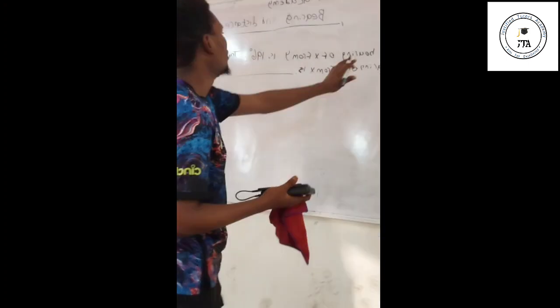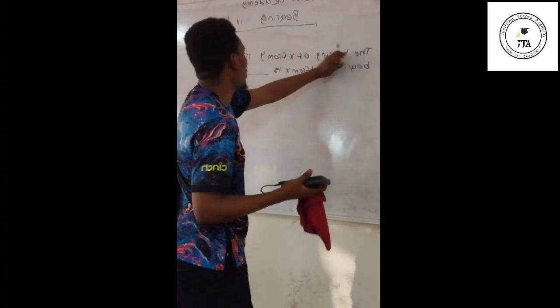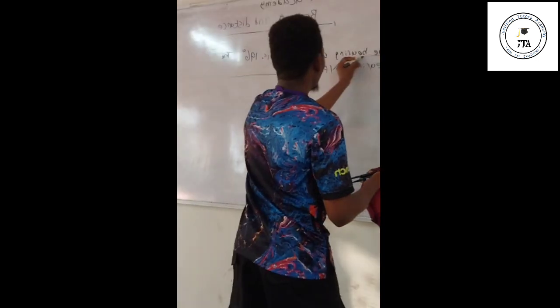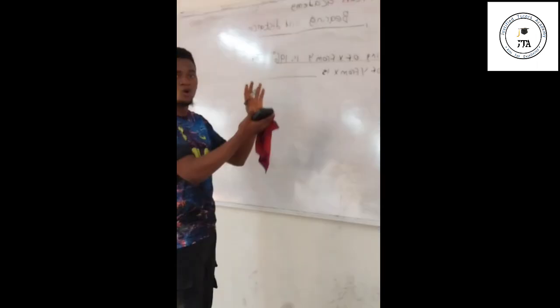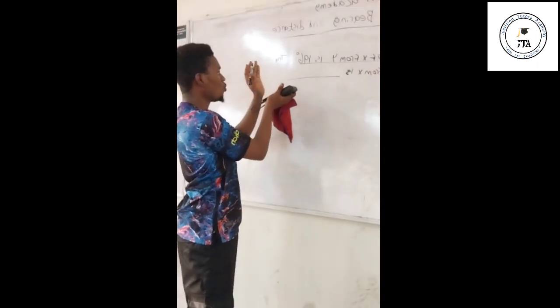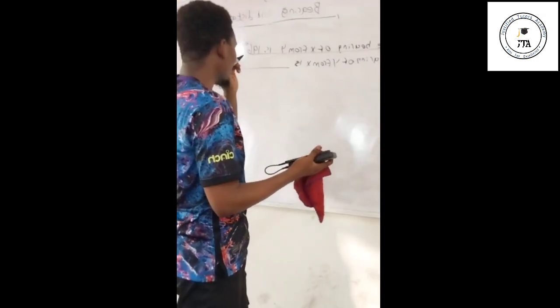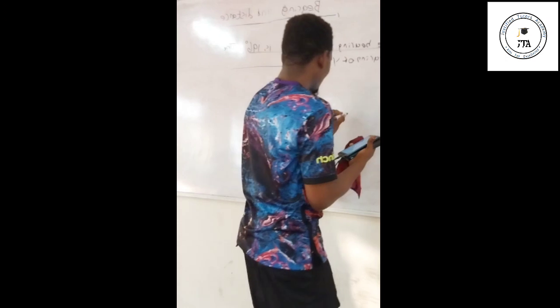So now, look at the question. Like I said, you underline the first sentence. It says: the bearing of x from y is 196 degrees. It means that we'll be having 2 points, x and y.